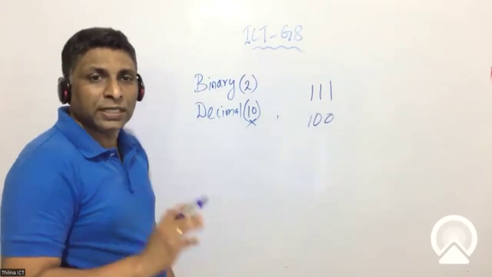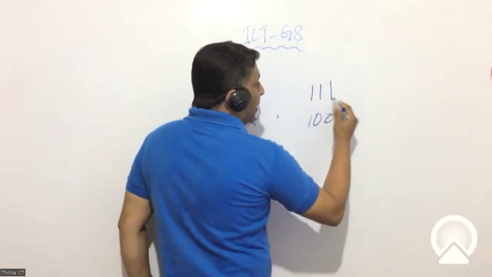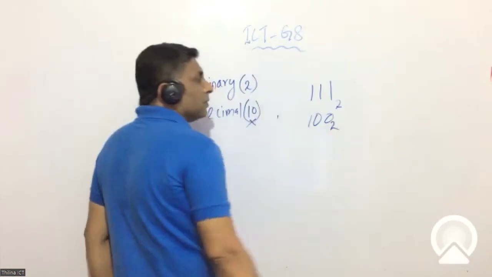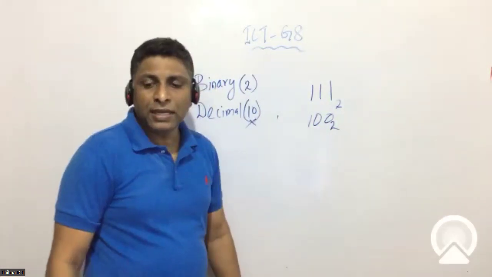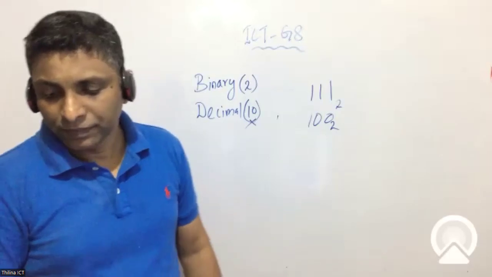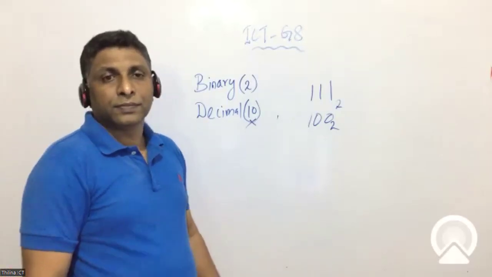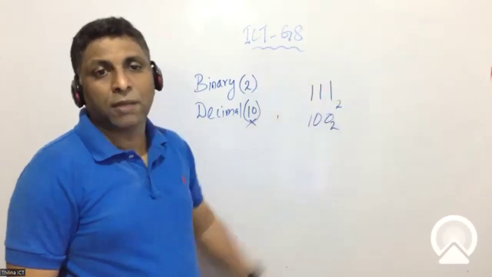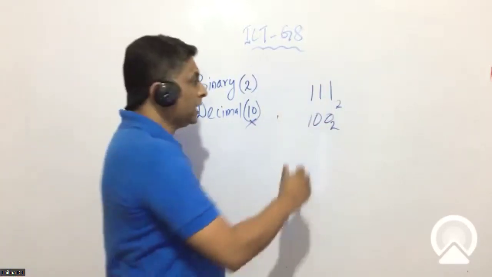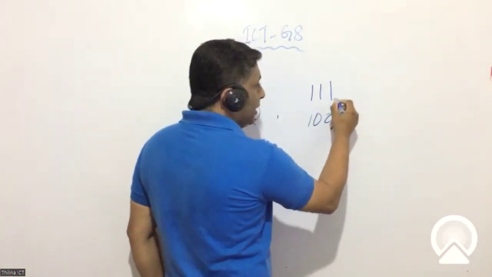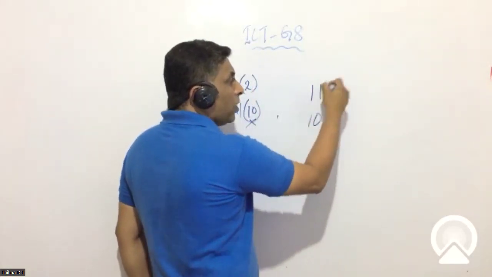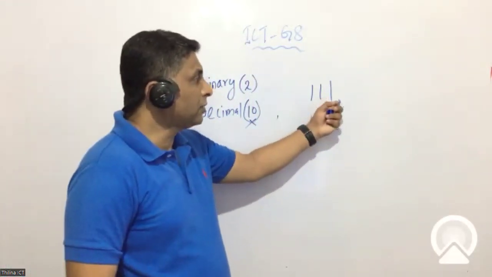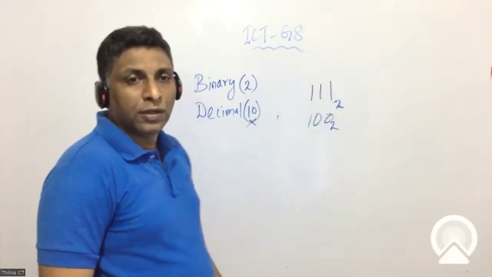If you want to represent this in binary form, we need to put the base here. So basically the base represents which number system the numbers belong to. Here we can understand we are talking about base 2, right?